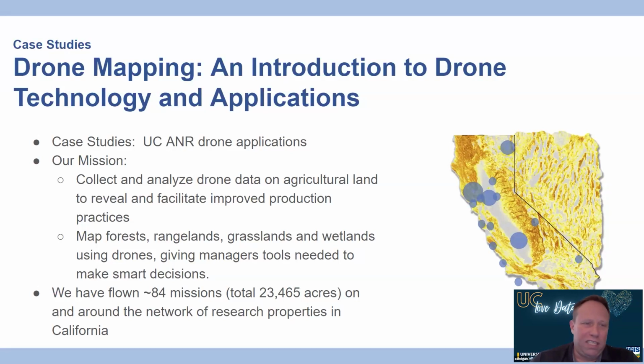These projects cover all things agriculture and natural resources, and in a lot of cases look at improving productivity. They cover forest areas, rangelands, grasslands, and wetlands, and these are great tools at the right scale.